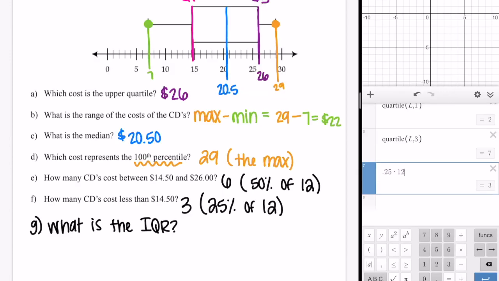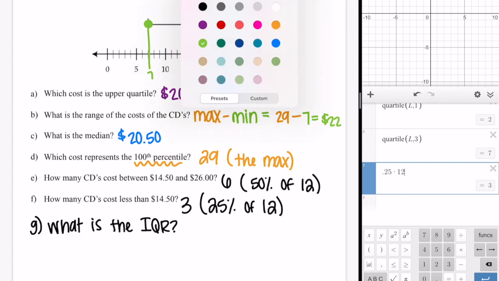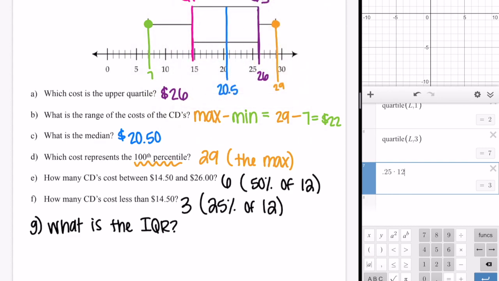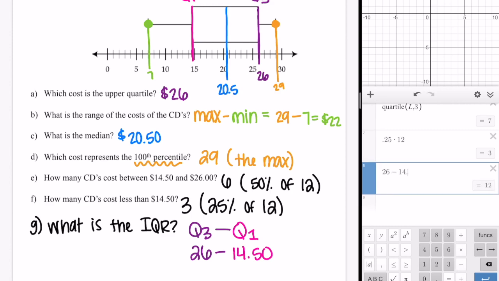The interquartile range is Q3 minus Q1. Q3 was 26, and we're going to subtract Q1, which was $14.50. So 26 minus $14.50 is $11.50.